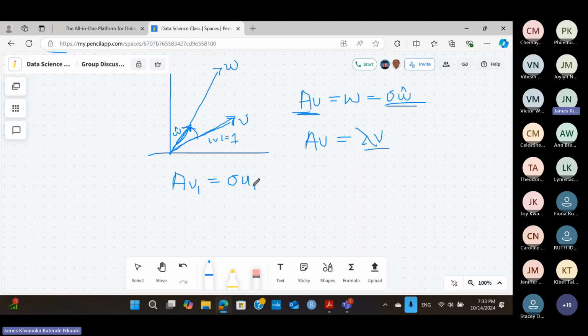V1 is turned to a multiple of some other unit vector, U1. You can also pick V1 to be a unit vector, and you can also pick a second vector. Suppose you're working in R2, we'll just stop at V2. So this will be sigma 1 U1, and this second one will be sigma 2 U2.